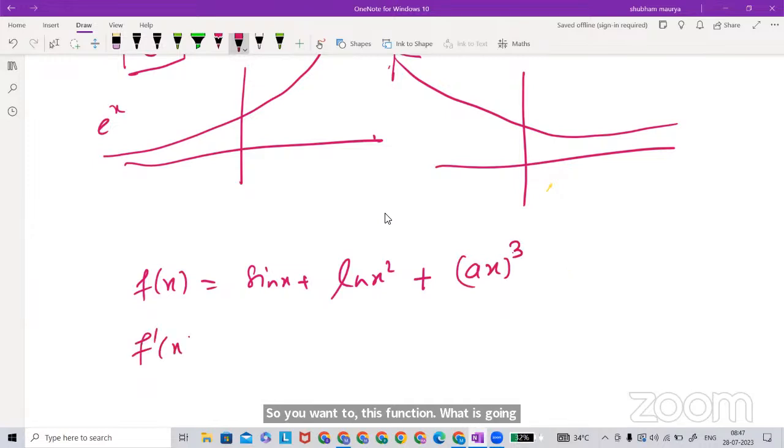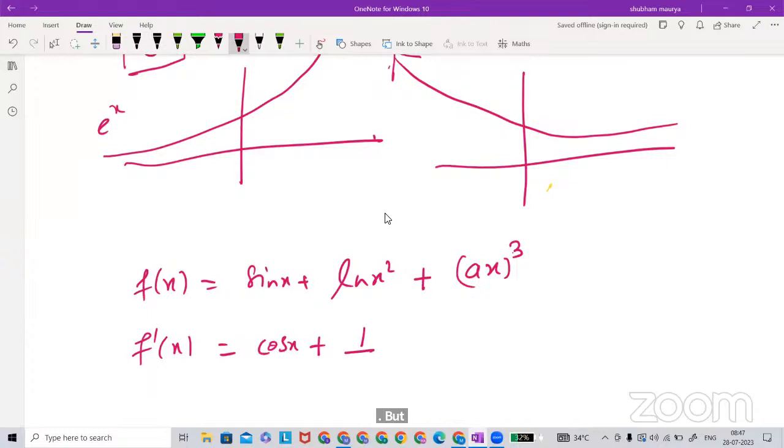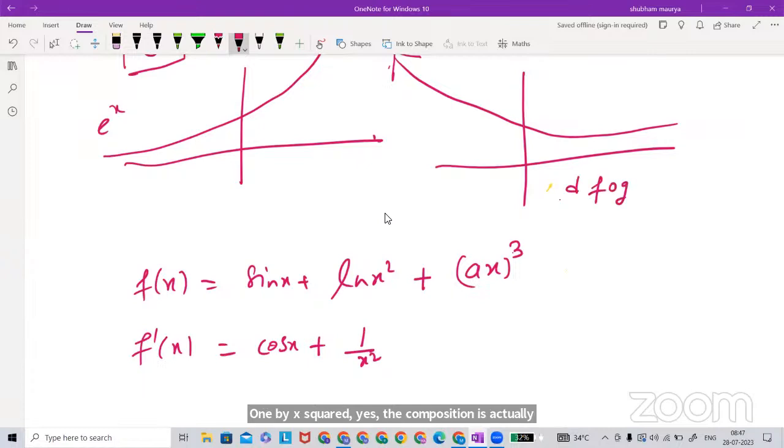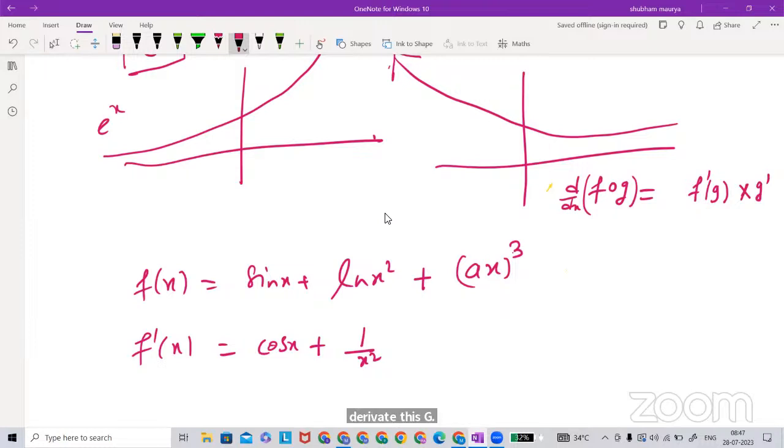What is the derivative? It is cos x plus 1 by x square into 2x. The composition works like this: if it is written as f of g and you want its derivative, you differentiate the outer function first, and then multiply by the derivative of g. This is the process, right?